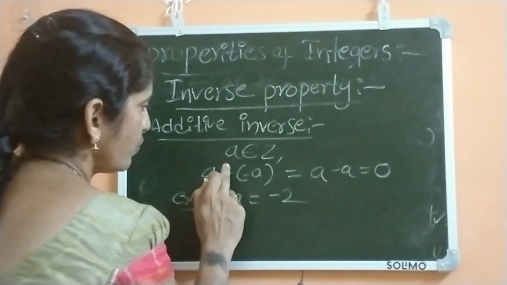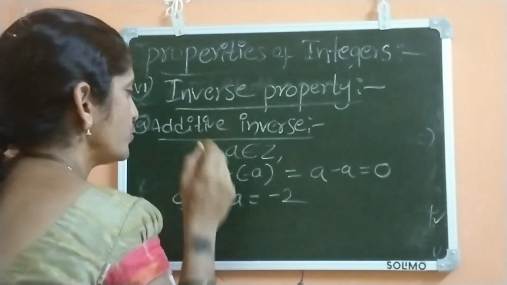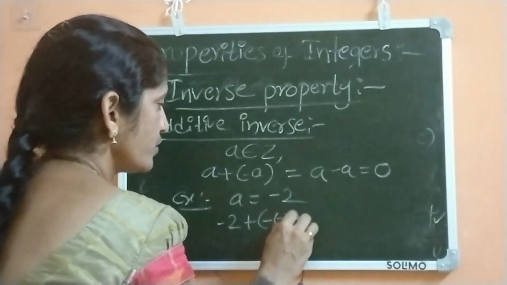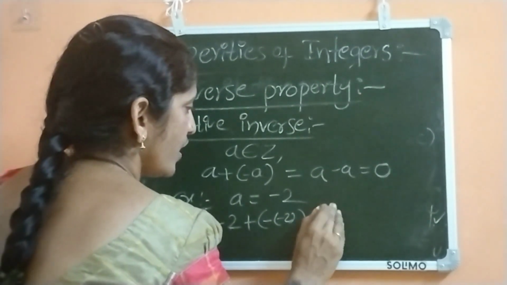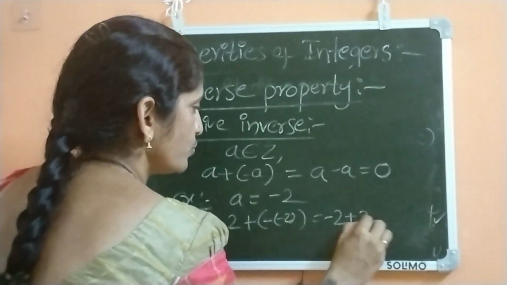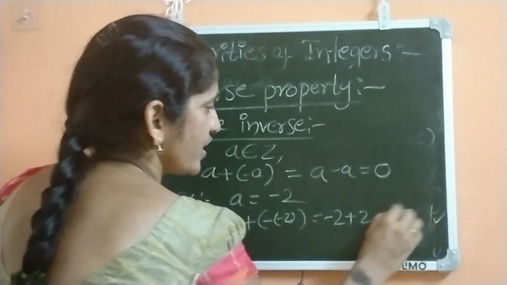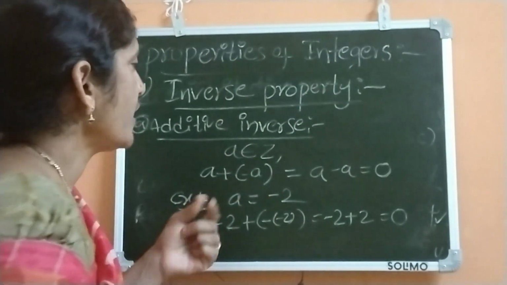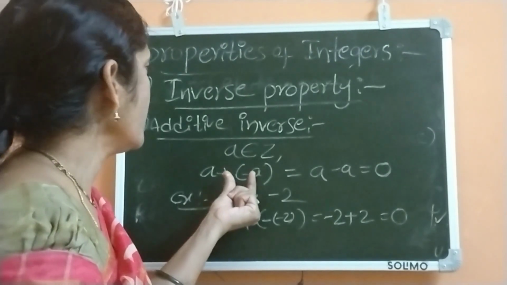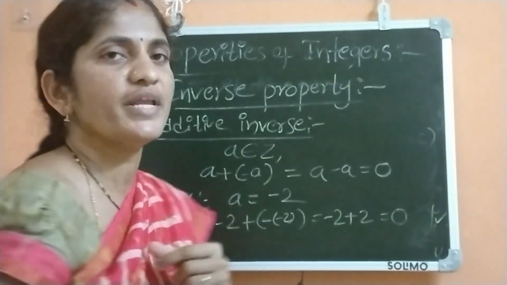So if we take a is equal to minus 2, so minus a, if we add them, minus 2 plus of minus 2, that is minus 2 plus minus into minus plus 2, minus 2 plus 2 equal to 0. We are getting 0. So to a we are adding minus a, so we are getting 0.